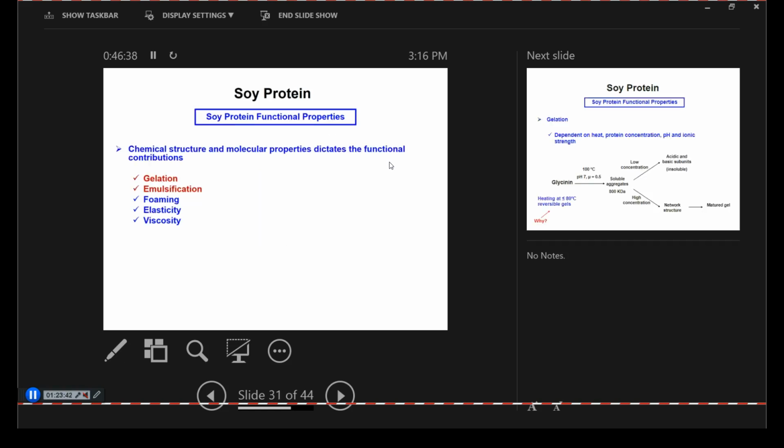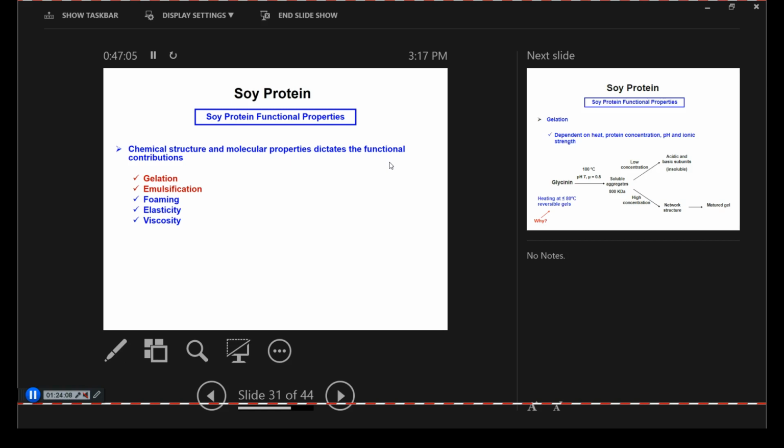So soy protein has the most applications used for its gelation and emulsification capability. They don't have great solubility in acidic beverages, for example, because they have really bad solubility around pH 3.5 to 5.5.